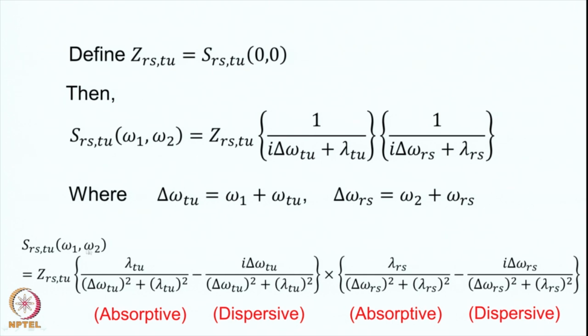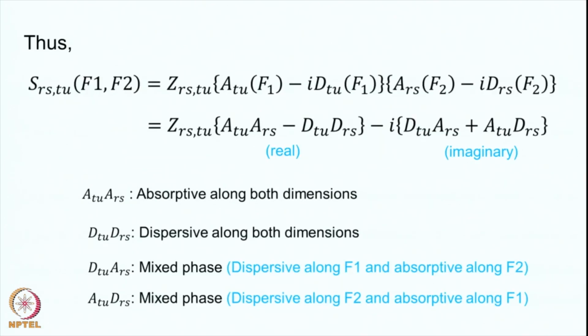Now, remember here we just put omega 1 and omega 2, because we use the running variables omega 1 and omega 2, but in the frequency domain spectrum finally we may represent this as F1 and F2 as well, that is a running variable along the frequency axis. Okay. So, now we have used these symbols F1 and F2 here.